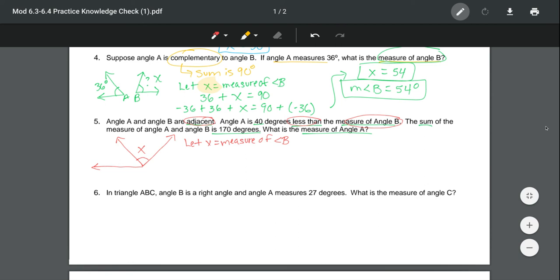And then the other angle is 40 degrees less than. So less than means we're subtracting 40 from the measure of angle B, which is x. So the other angle would be x minus 40 equals the measure of angle A. Okay, so on my diagram, I'm going to label that as x minus 40.